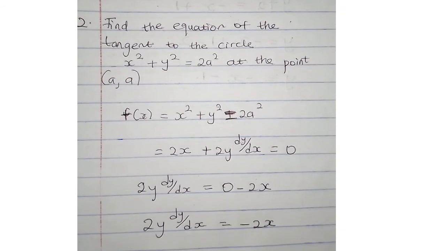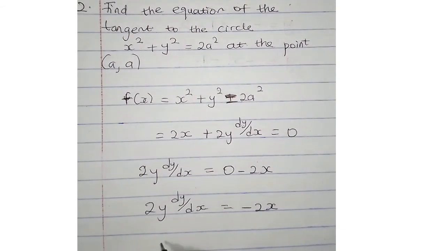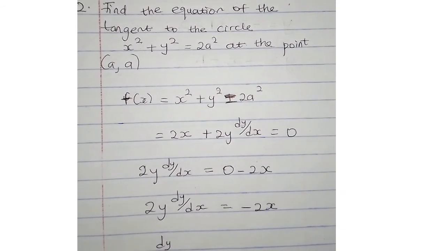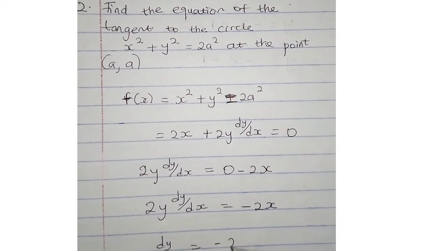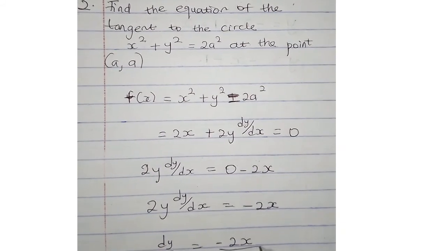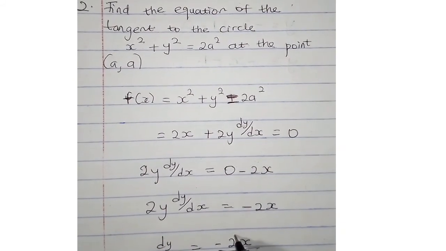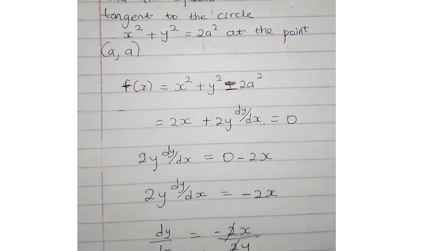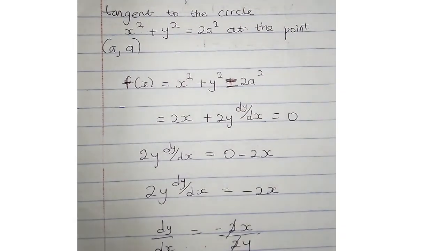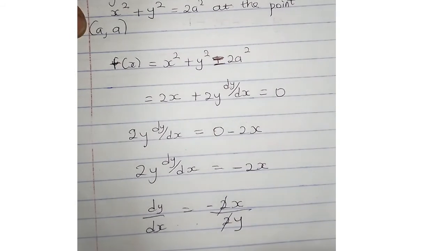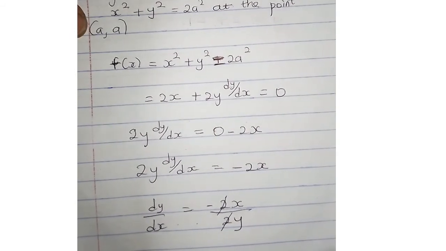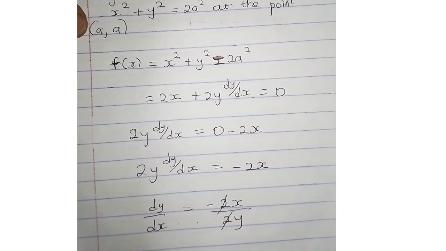So dy/dx equals minus 2x over 2y. The 2s cancel, so therefore dy/dx equals minus x over y.